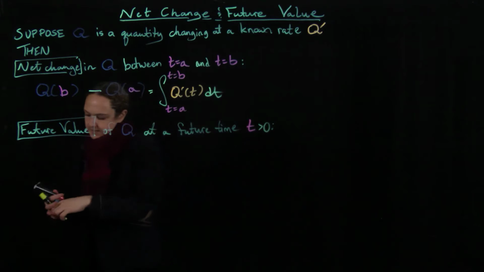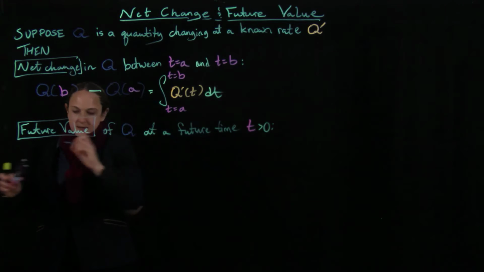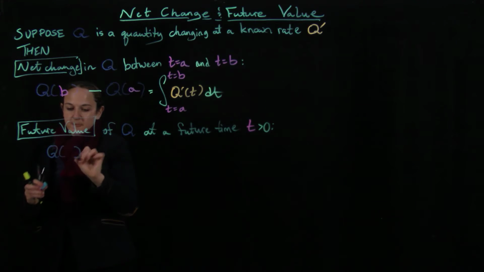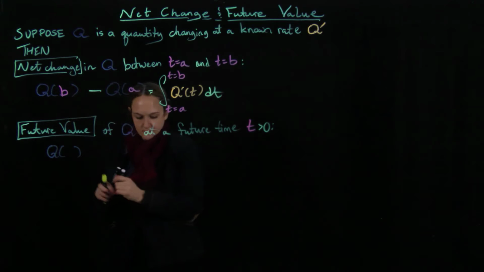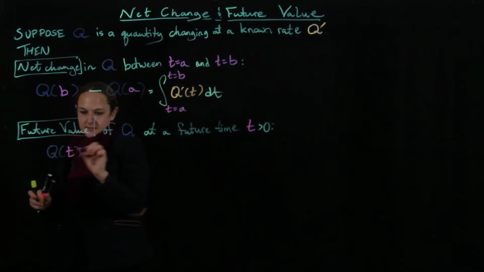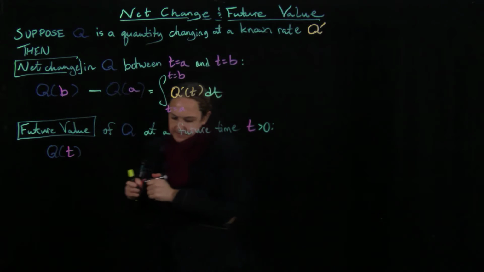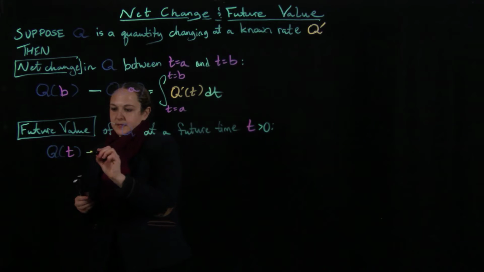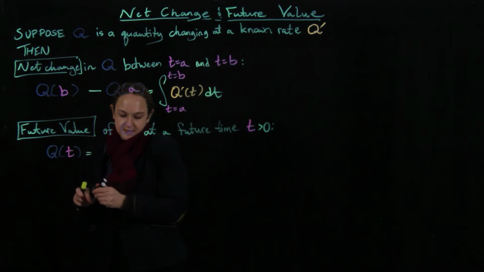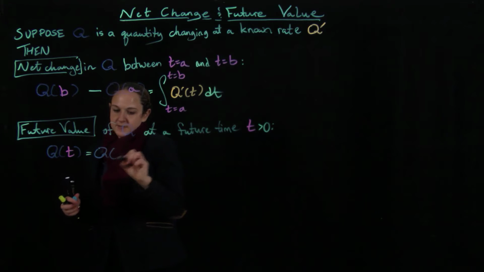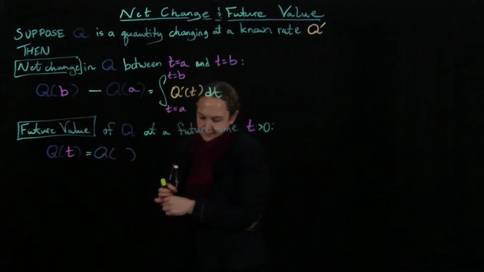And what this is going to be, so I'm going to take the difference here. So I have Q of T here. Okay, what this is going to equal is Q of 0. So at time 0, I want to get rid of whatever was happening at time 0.